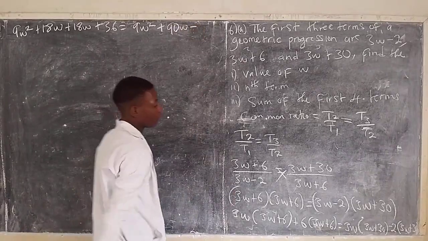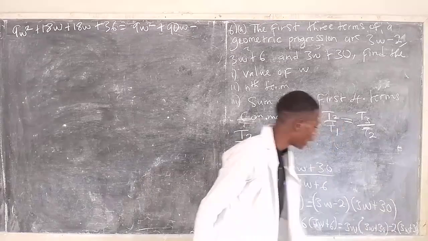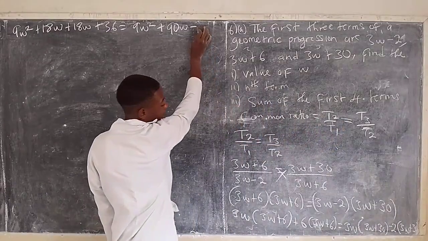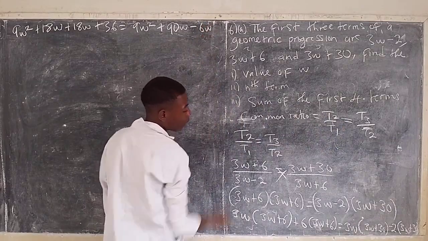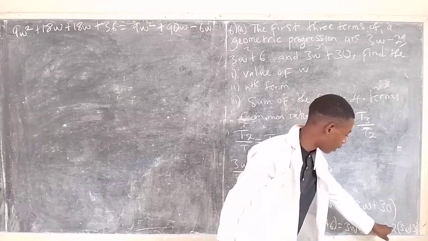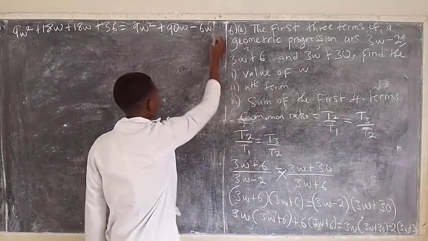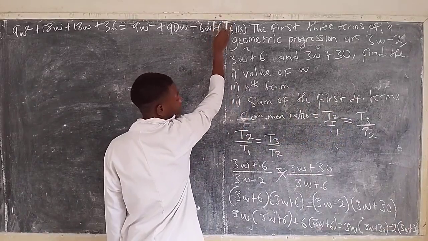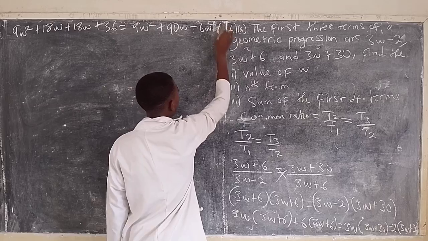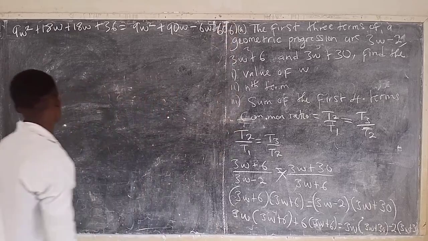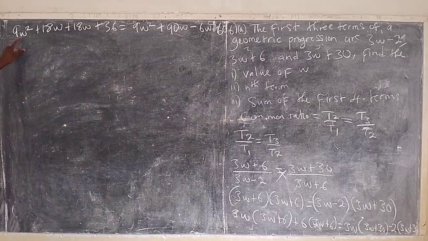Then minus, we have negative 2 by 3w, we have 6w. Then last but not the least, we have negative 2 by 30. We are getting a minus 60 when we multiply the 2. So having done that, we are now going to work out what is common.